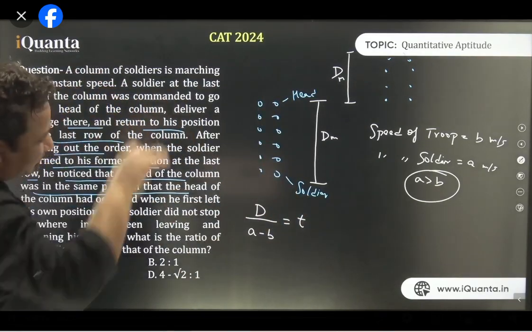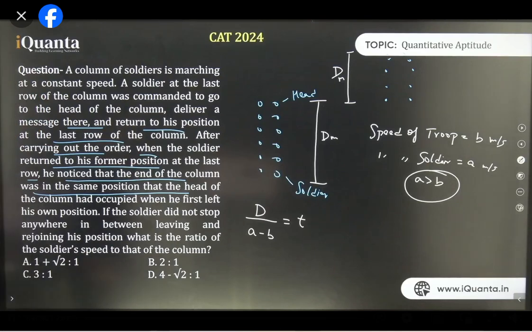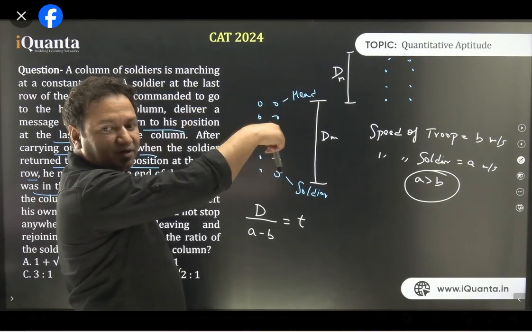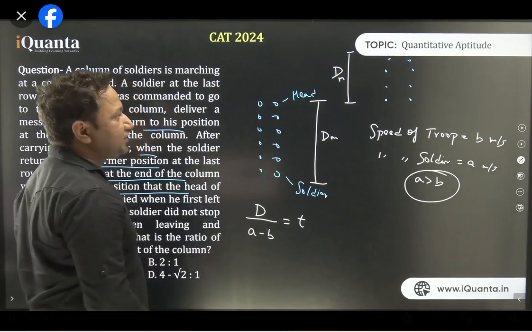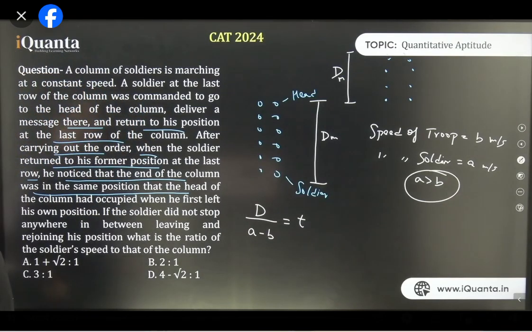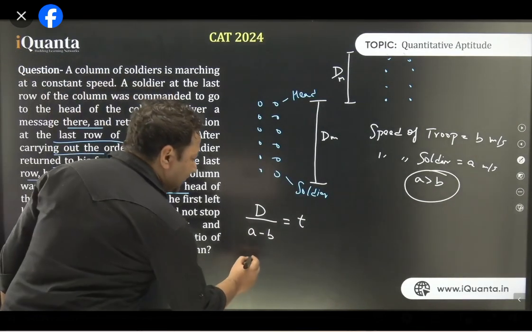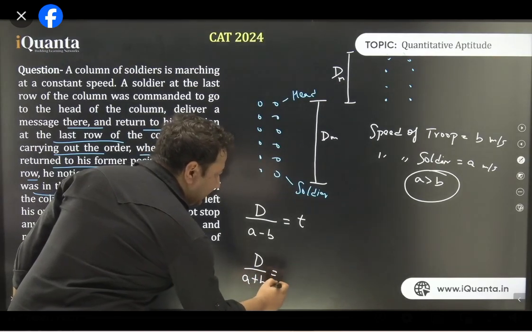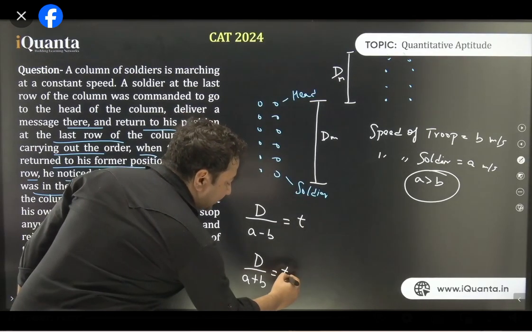Okay. But when he returns back, the time taken is totally different, because when he returns back, he is moving in the opposite direction. So that time will be equal to d upon A plus B. Let it be the time of return. I call it TR.